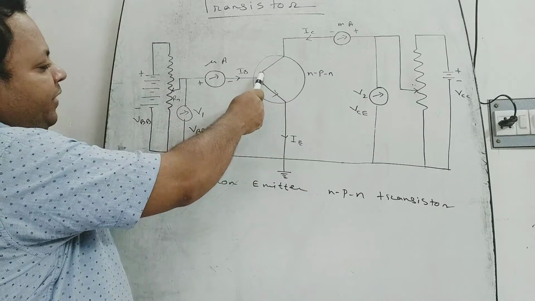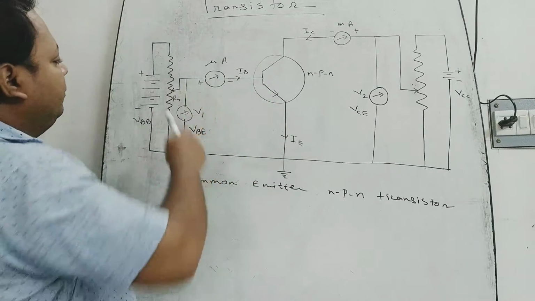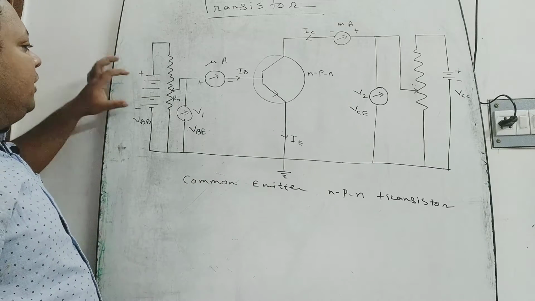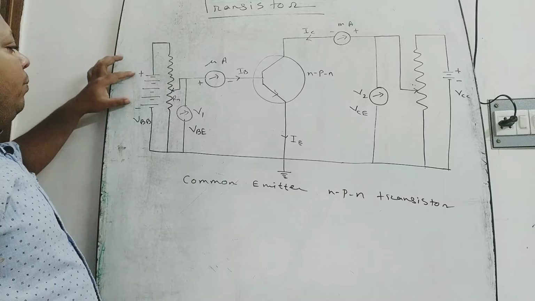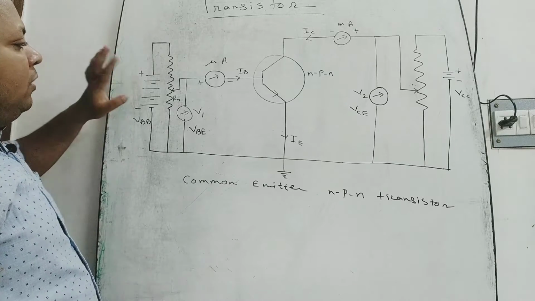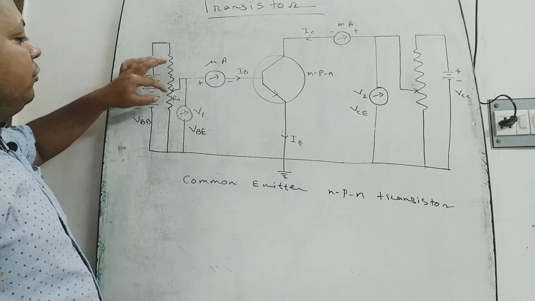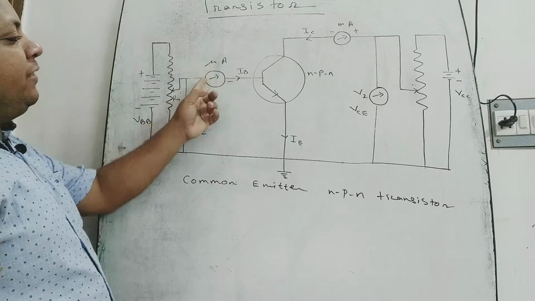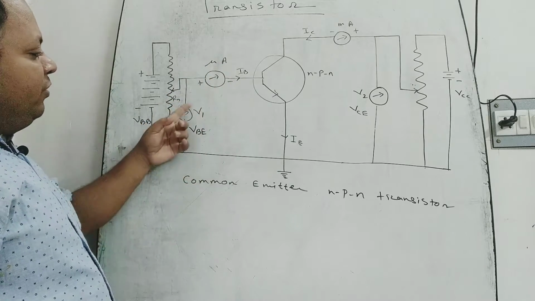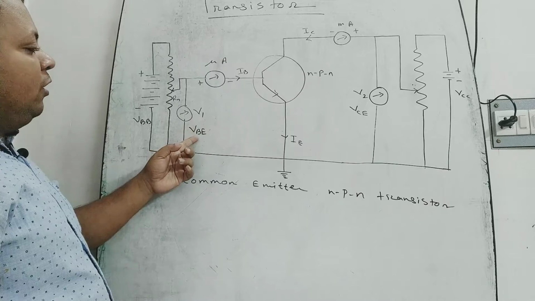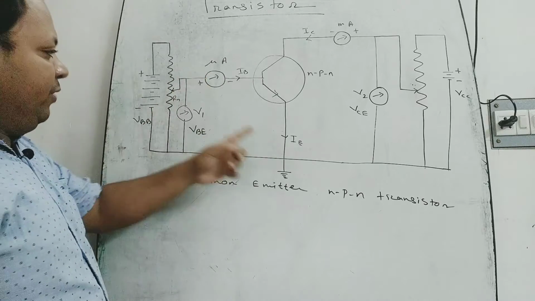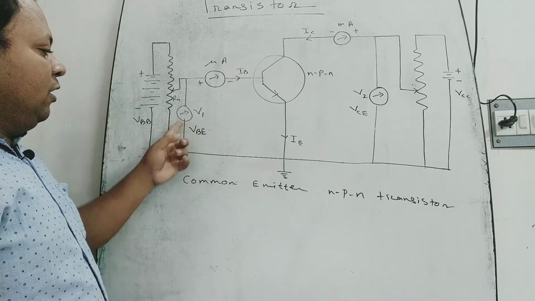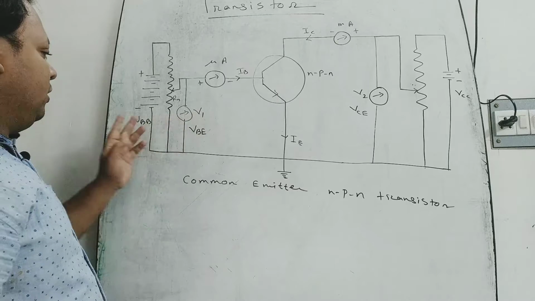This is the base, which is connected with an external battery or external electric source, plus and minus, and it is connected with a rheostat. This microammeter measures the base current, and this voltmeter V1 measures the potential difference between base and emitter, that is VBE.